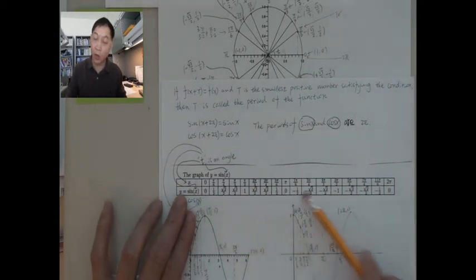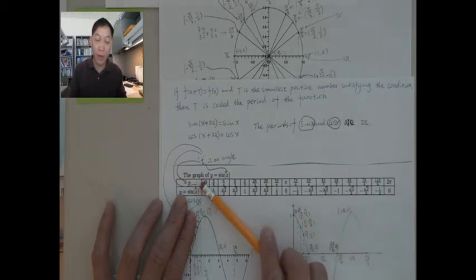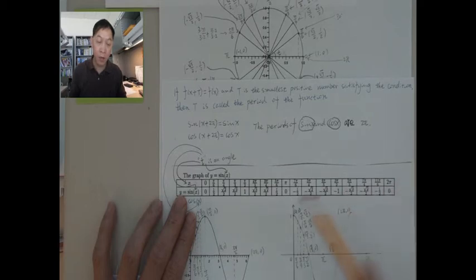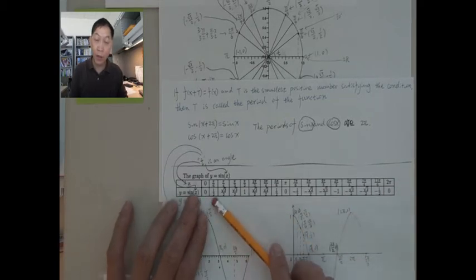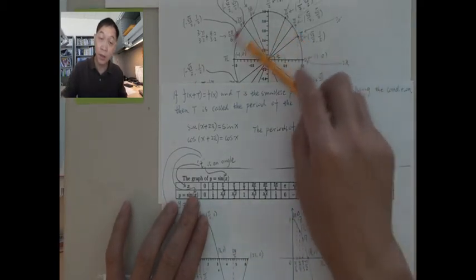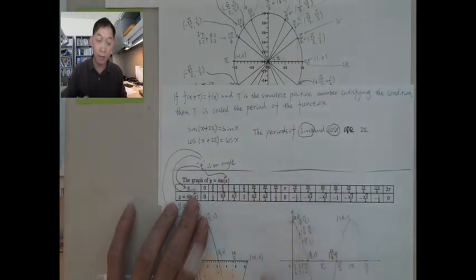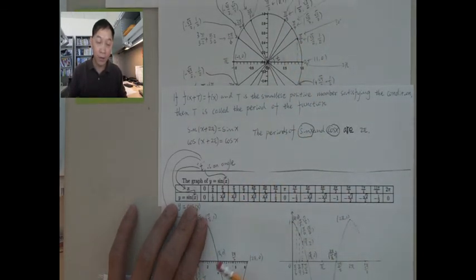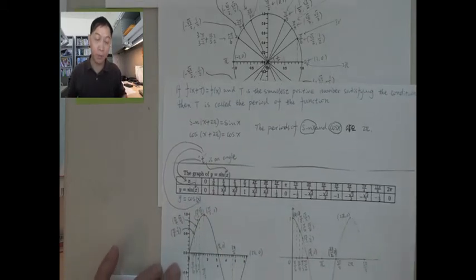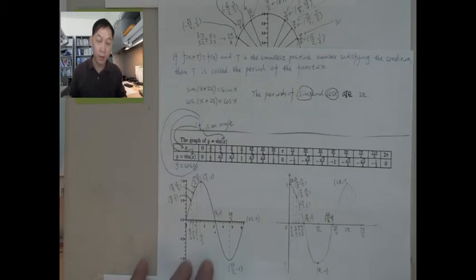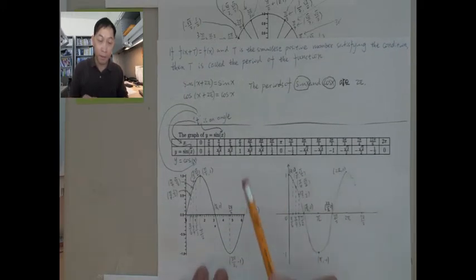Now where does the second row come from? The first row is the amount of angle. The second one is the y coordinate from here. Okay? And also y coordinate is sine. Okay? So then we got the picture. Alright. It's right here.